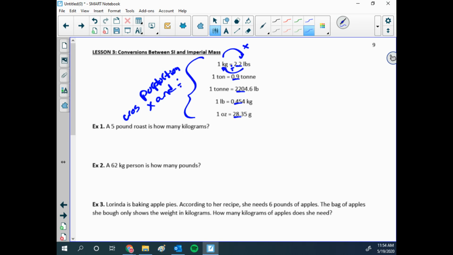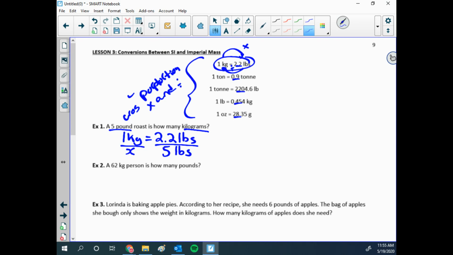So it says a 5-pound roast is how many kilograms? Let's set up a proportion for this one. I'm looking for some sort of unit conversion from pounds to kilograms, and that's this first one right here. So 1 kilogram is actually equal to about 2.2 pounds. And from the question, it tells me that this roast is 5 pounds.